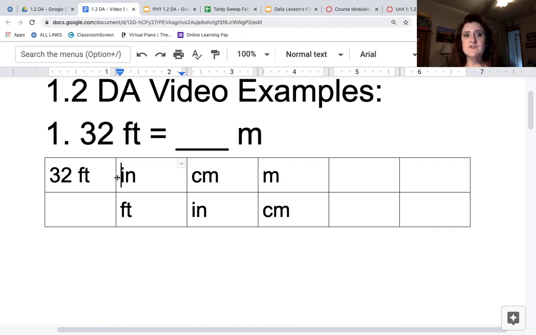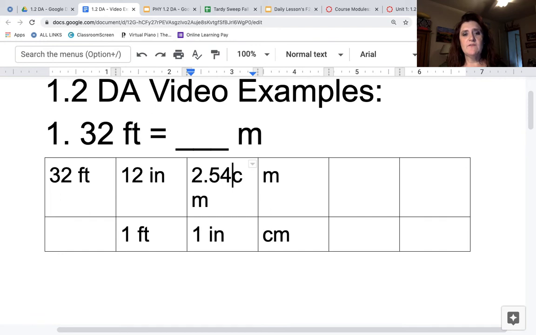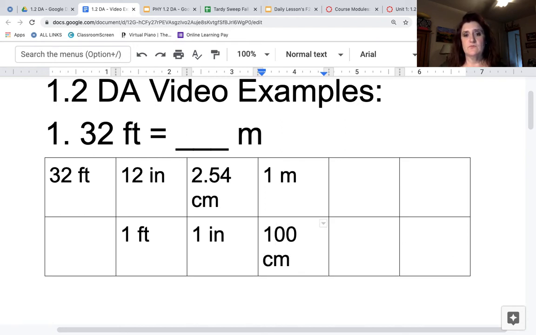So based on the instructions, once I have my units in my dimensional analysis, now I need to input the correct numeric relationships. So 1 foot is the same as 12 inches, 1 inch is 2.54 centimeters, and 1 meter is 100 centimeters.